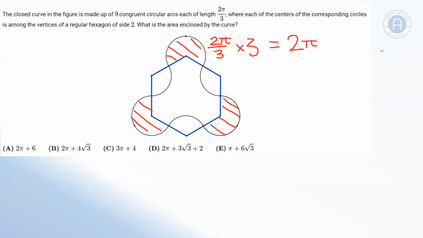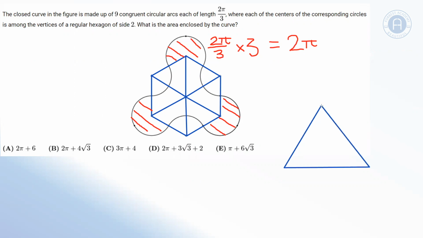We should remember from previous lessons that a hexagon can be divided up into 6 equilateral triangles. To work out the area of that equilateral triangle, we need to work out its height. We should know by now that with an equilateral triangle, the altitude will always be equal to √3 multiplied by half of the base.